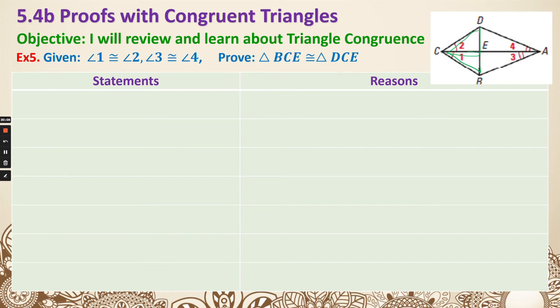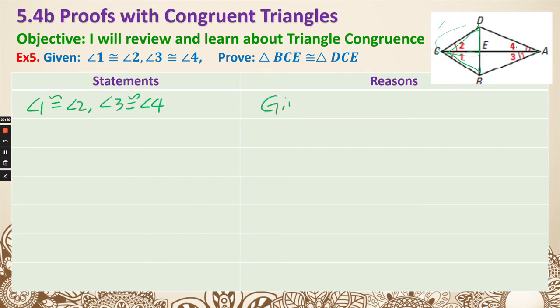We don't know anything else besides the angles. So we don't have enough information. That means we do need to use the 2, 4, 1, 3. So we have to use the bigger triangles, ADC and ABC, to prove it, so that we can have more information. So my first step is going to be angle 1 congruent with angle 2, angle 3 with angle 4.